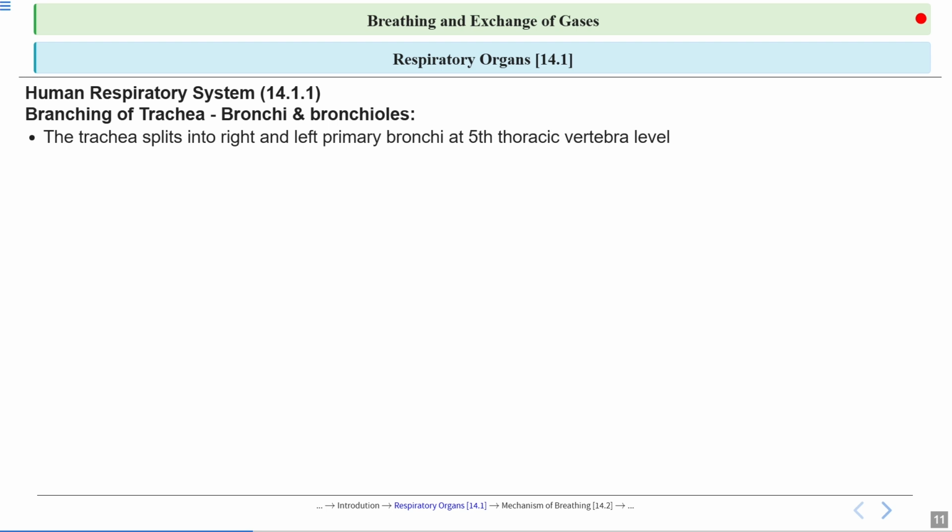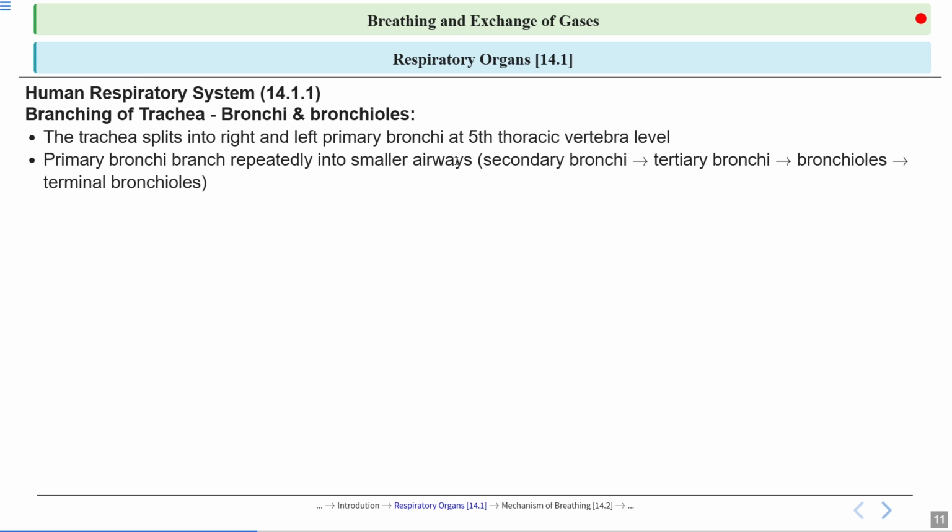The trachea splits into right and left primary bronchi at the fifth thoracic vertebra level. So you should remember this. Where does it divide? At the fifth thoracic vertebra level. Primary bronchi branch repeatedly into smaller airways known as secondary bronchi. Then secondary bronchi further divide into tertiary bronchi. Then tertiary bronchi divide into bronchioles, and then terminal bronchioles. Or simply you can write that bronchi divide into bronchioles.